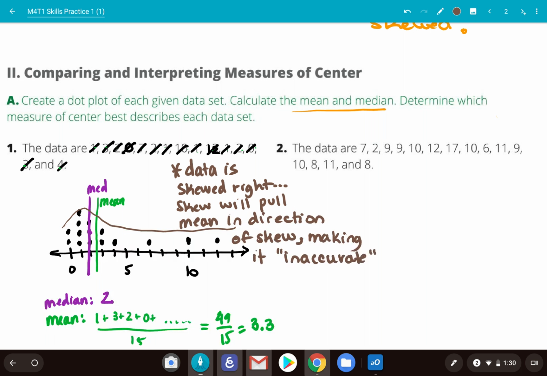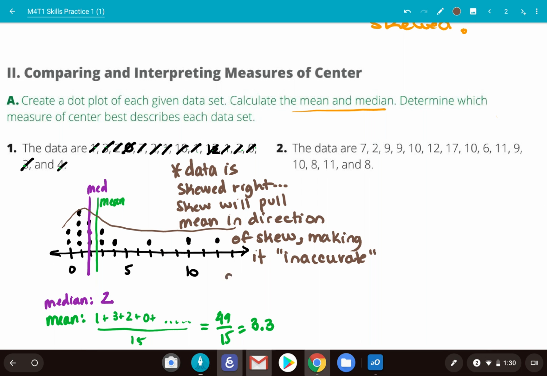So when you have skewed data, you want to use the median. The reason is because the median's not affected by the skew.